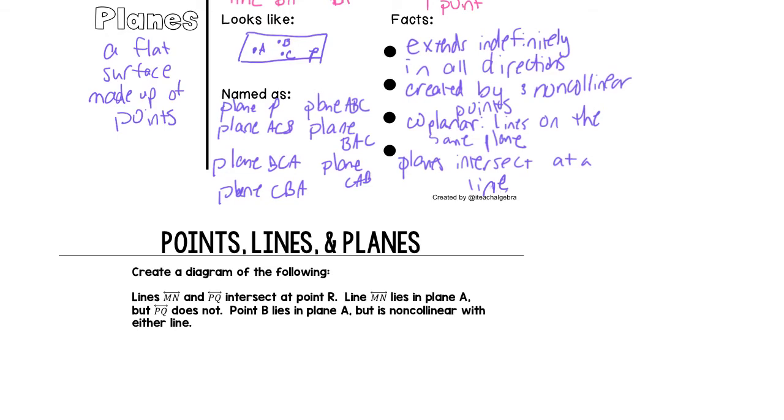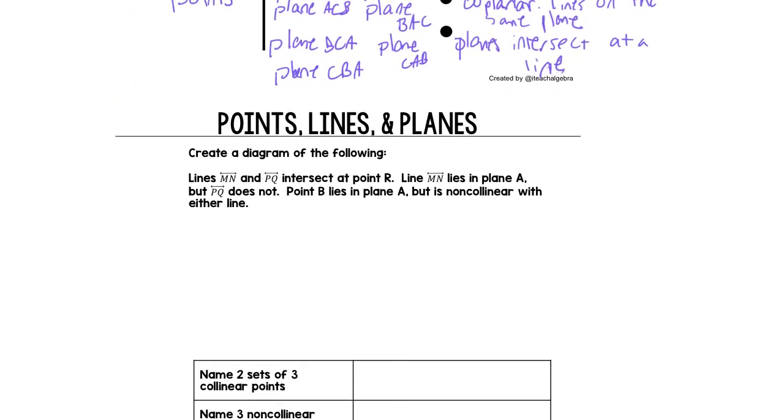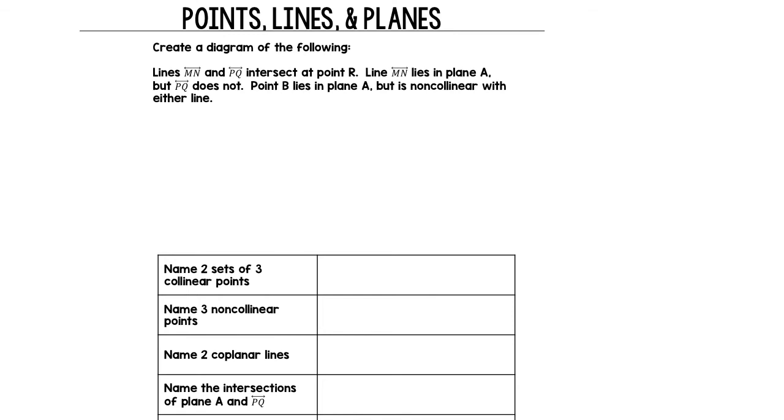Okay. Flip your page over and let's do a little practicing here. You've got points, lines, and planes. Create a diagram of the following. Lines MN and PQ intersect at point R. Well, let's draw that first.